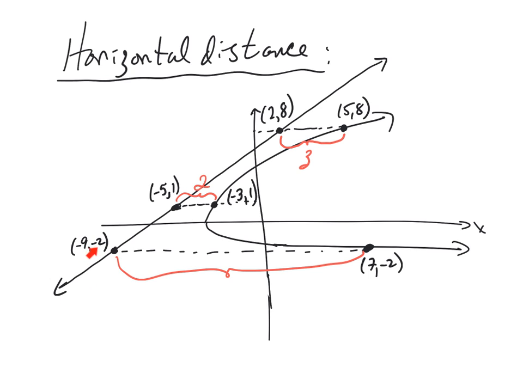Y value -2, y value -2. So this horizontal distance between the points is then going to be the difference of the x's. So if everybody was here, I would ask, what's the distance between -9 and 7, and you guys would say it's 16.